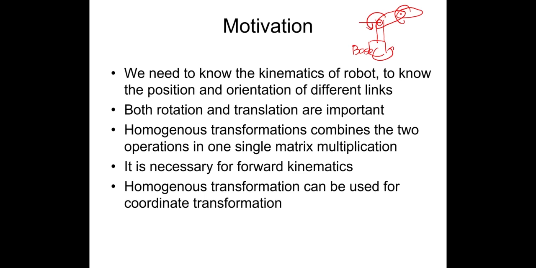It means we need to know the kinematics of the robot. Understanding the transformation between these coordinates is the kinematics. That is the position plus the orientation, two steps: both the rotation and the translation, which is positioning, are important.